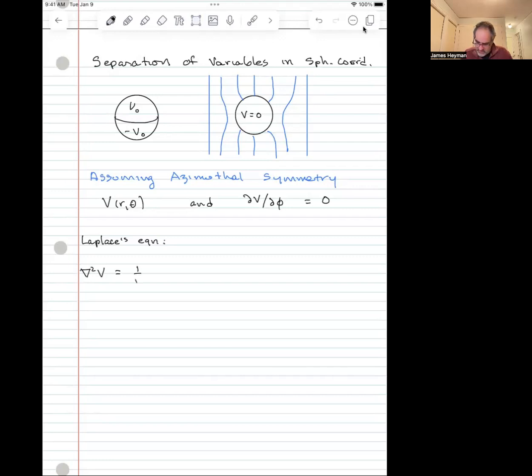This is 1 over r squared times the first derivative with respect to r of r squared times the first derivative with respect to r of V, plus the second term, which is 1 over r squared sine theta, times the derivative with respect to theta of sine theta times the derivative with respect to theta of V again.